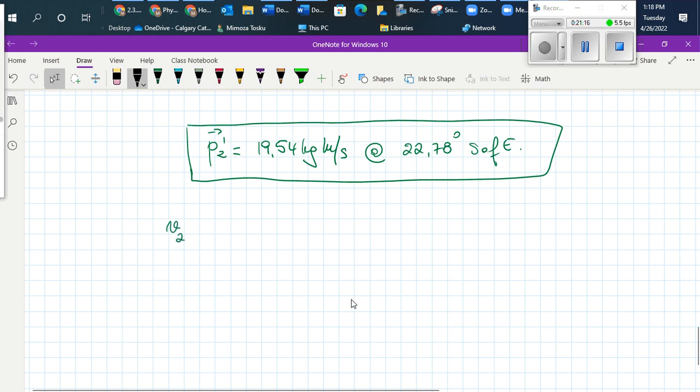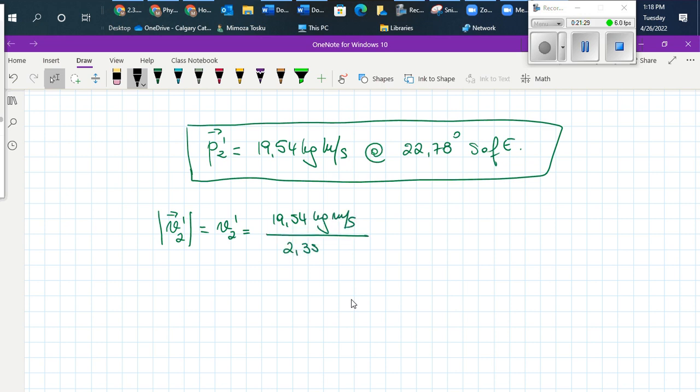However, the magnitude of velocity of object 2 after the collision will be 19.54 kilograms meters per second over 2.35 kilograms. I think it was 2.35 kilograms.